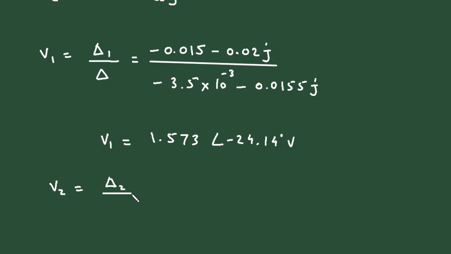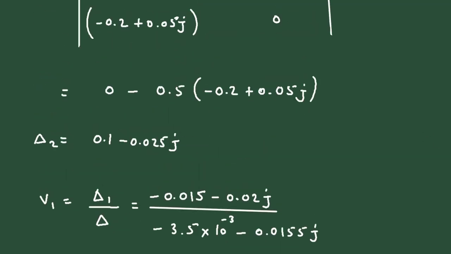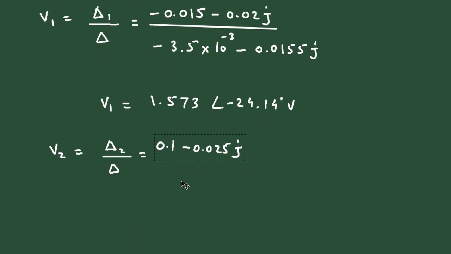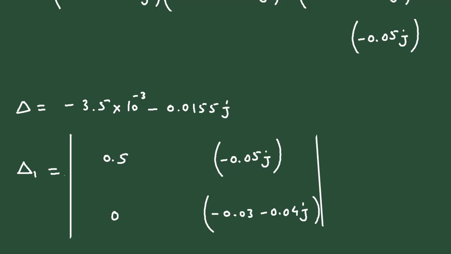Then V2 is equal to delta 2 divided by delta. So this is the value of delta 2, divided by the delta value, this is the value of delta.